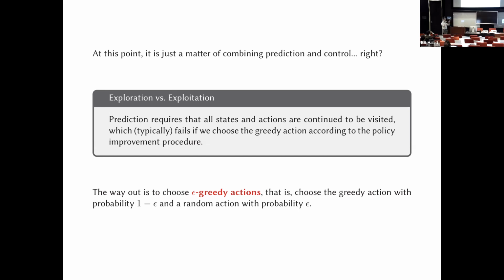So you keep exploring all actions, and with this, hopefully all states. And with probability 1 minus epsilon, you do the greedy action, the optimal one. This improves estimation, but of course you won't get an optimal action because you always choose something random. So you will have to make sure that epsilon somehow converges to 0 as you keep running that algorithm.